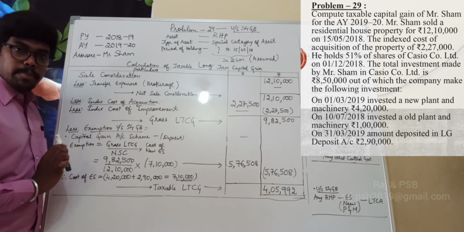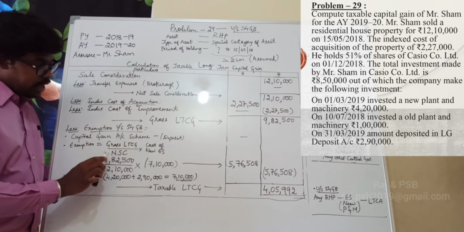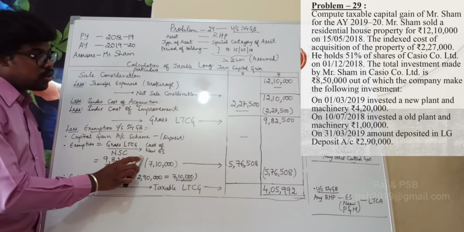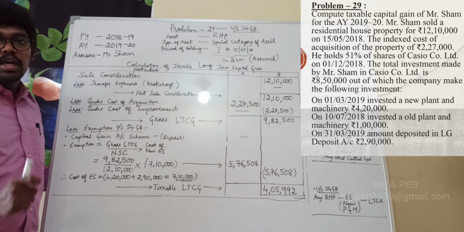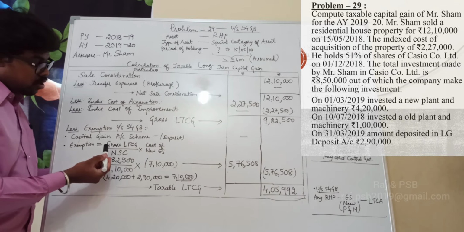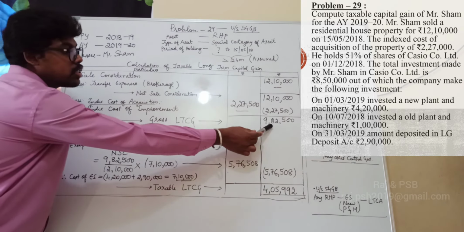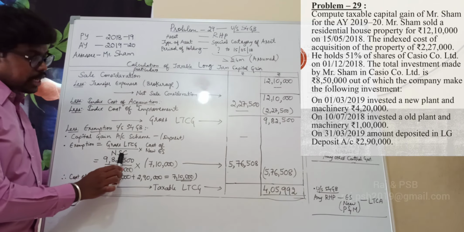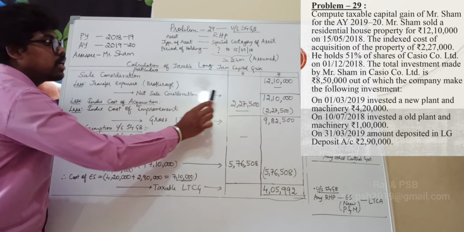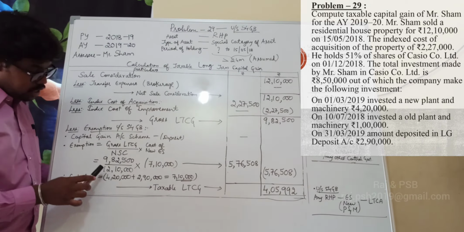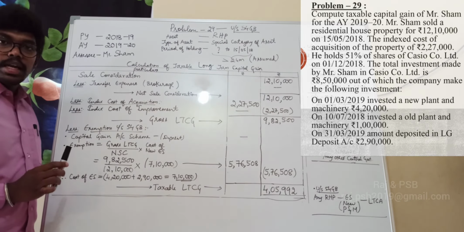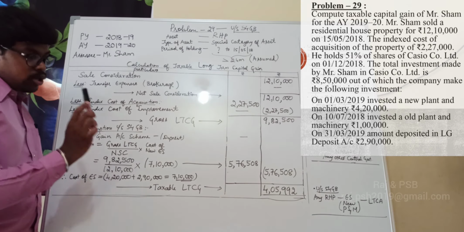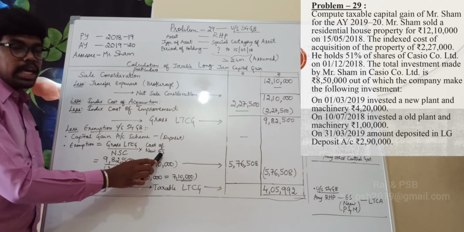Gross long term capital gain divided by net sale consideration into cost of new equity shares. You should remember this formula. So how much is the gross long term capital gain here? 9,82,500 divided by net sale consideration. How much is the net sale consideration? 12,10,000. So 12,10,000 will be the net sale consideration, into cost of new equity shares.